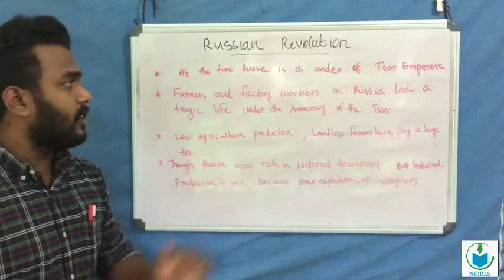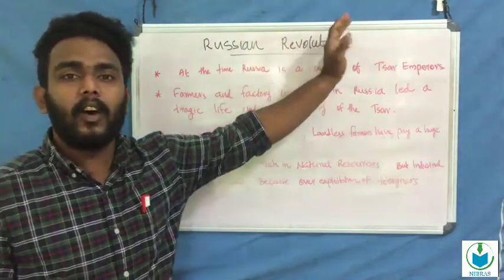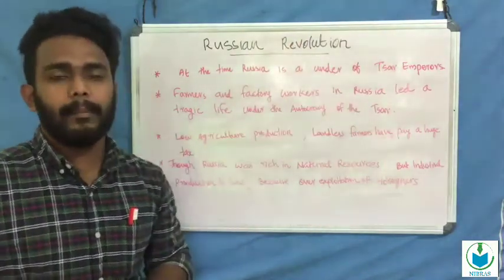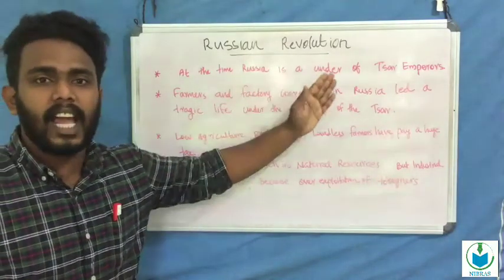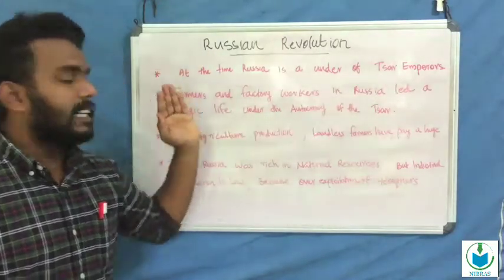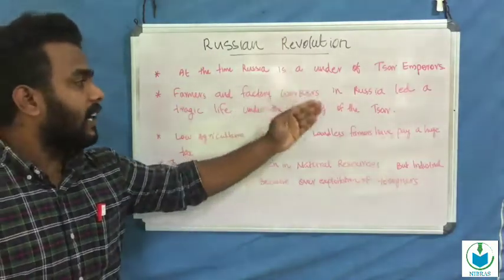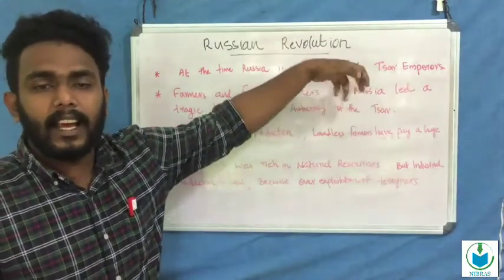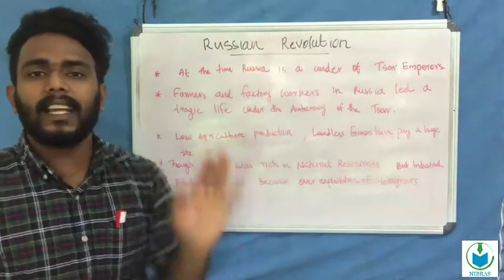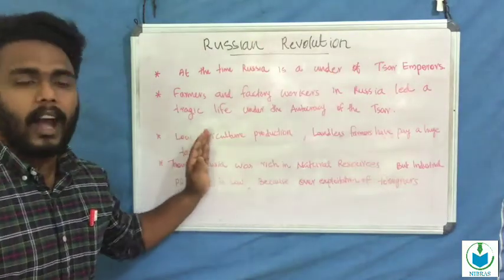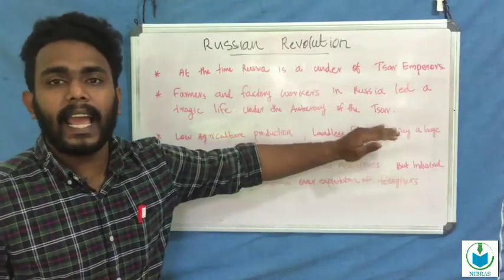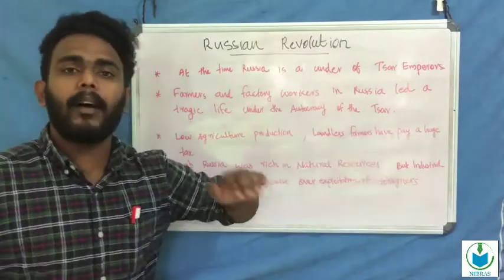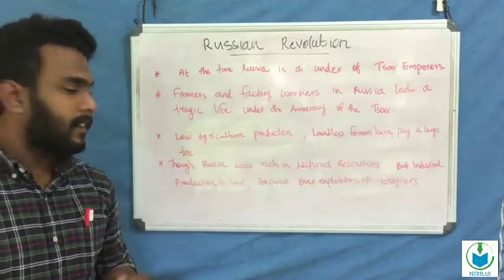What are the causes of the Russian Revolution? Russia was under autocratic rulers, the Tsar emperors, and the farmers and factory workers led a tragic life under the autocracy of the Tsar emperors. There was low agricultural production, and the landless farmers paid a huge amount to the rulers.